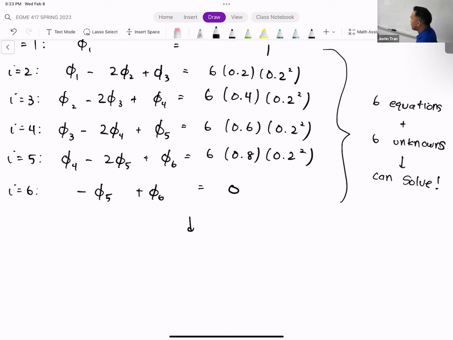But in order to do that, we have to put this into a form that the computer can actually solve. So let's go ahead and take this linear system of equations and put it in matrix form. This is like problem 2 on the first homework.